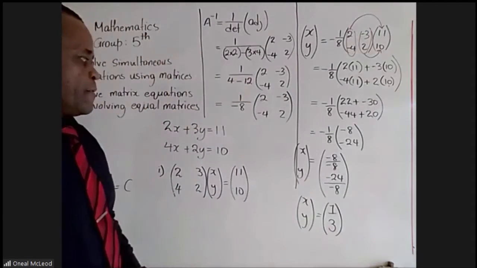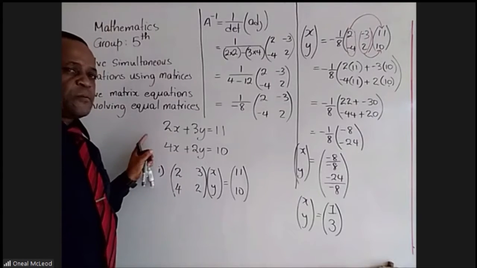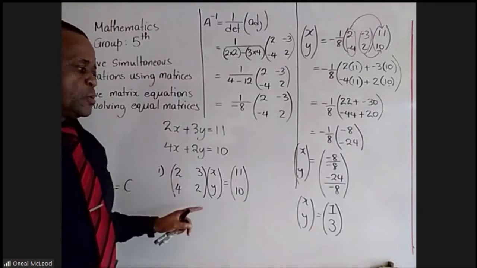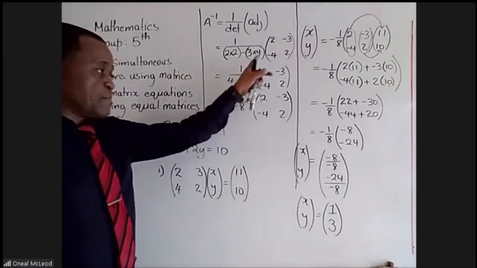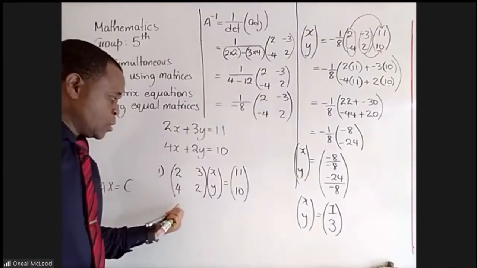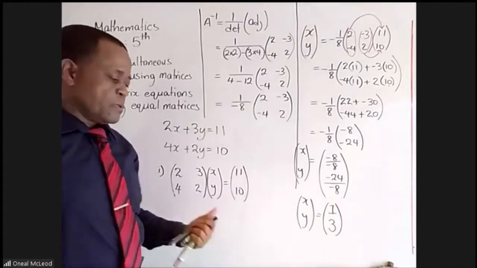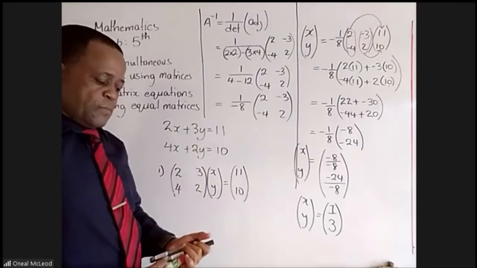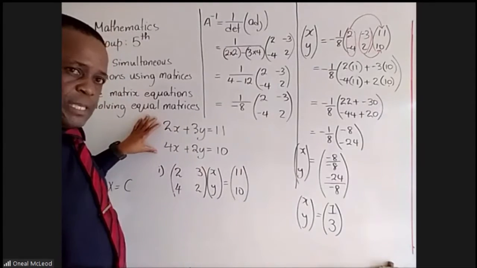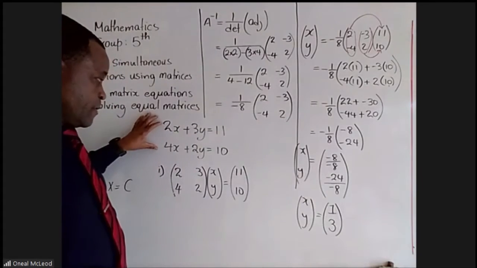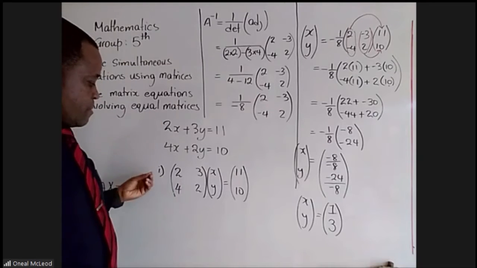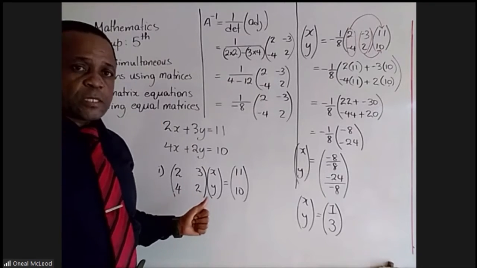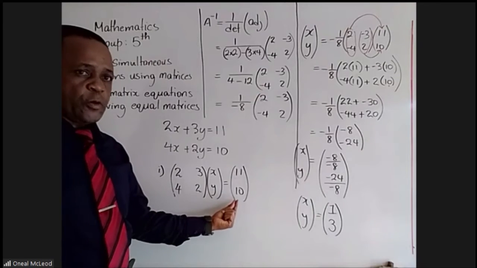So there you have it. You would have solved the pair of simultaneous equations using the matrix method. All we need to do, step 1, write it in the matrix form if it is given like this. If it is given in the regular form and it's asking you to solve it using the matrix method, we write it in the matrix form.